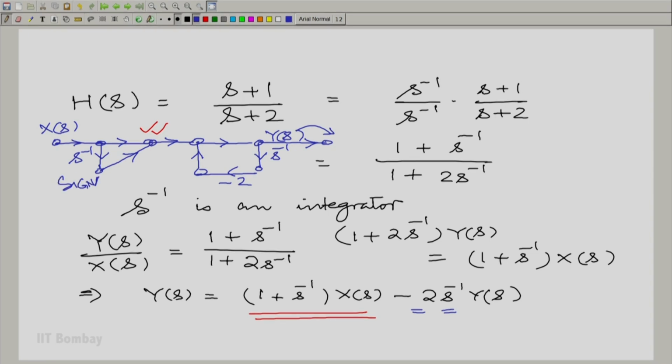So, this is the signal flow graph with integrators instead of differentiators for the same system. So, as you can see, there is more than one way of drawing a signal flow graph for a given system, and these are different structures for the same system. The defining equation is the same, the system function is the same, but you have different structures. So, we have given a feel of how you can have structures for systems.